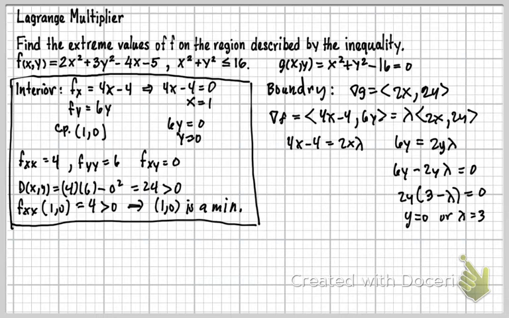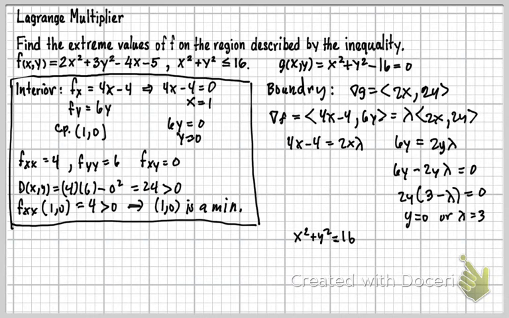Okay, so anyways, my y equals 0 or lambda equals 3. So now if y equals 0, I'm just going to go right to the constraint here. The original equation says x squared plus y squared equals 16. Because remember, it's equals now because I'm only talking about the boundary here.